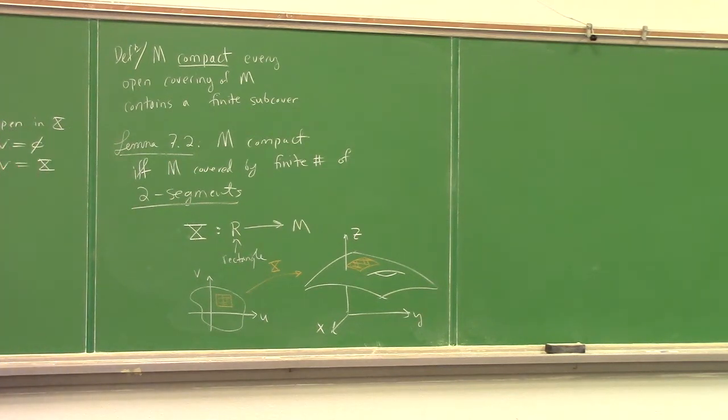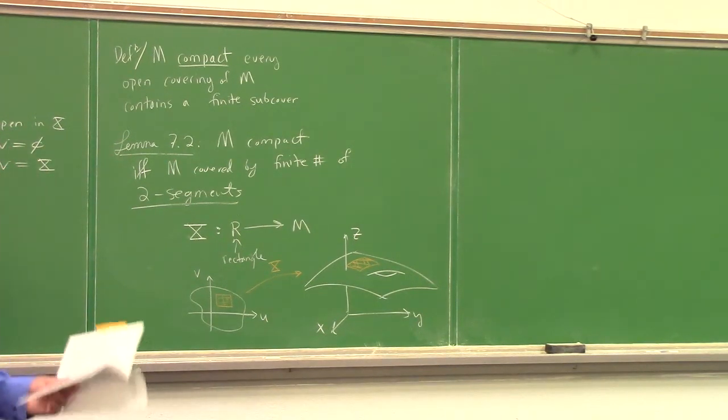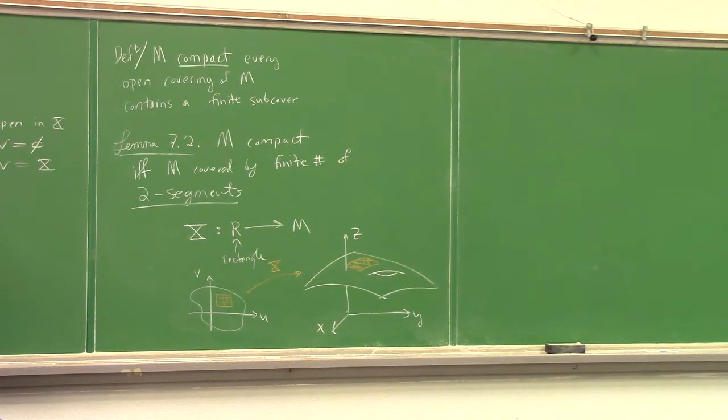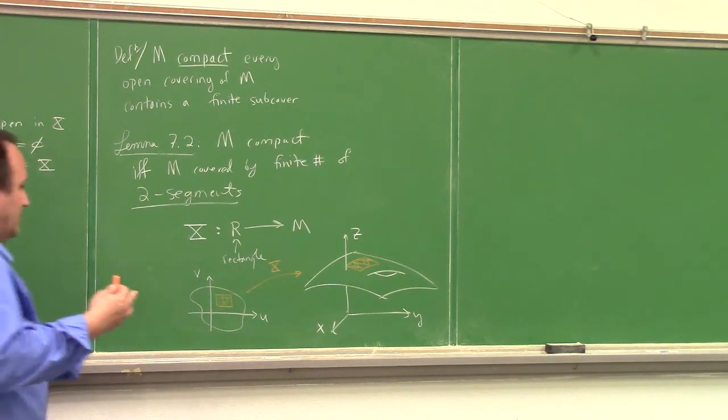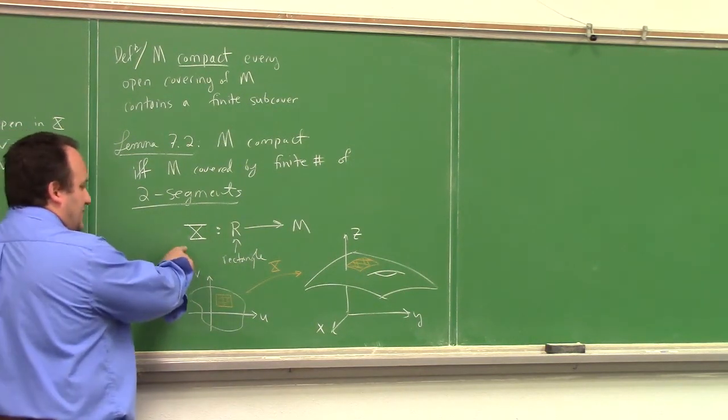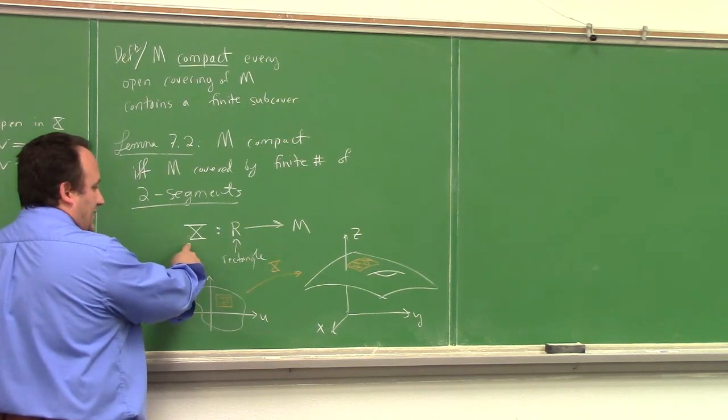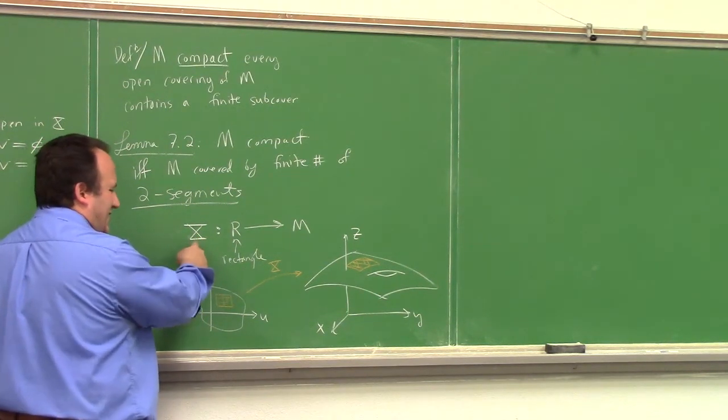Now he describes 2-segments more completely in the previous section, section 4.6, where he talks about how we can integrate differential forms on a surface. And again, we're going to come back to that when we actually do some of those calculations. In short, he doesn't insist, I don't think, on regularity.